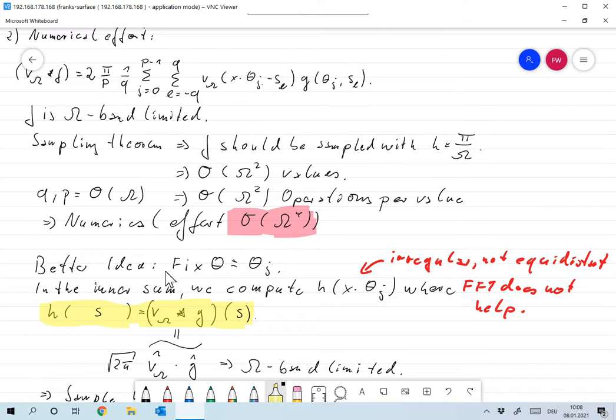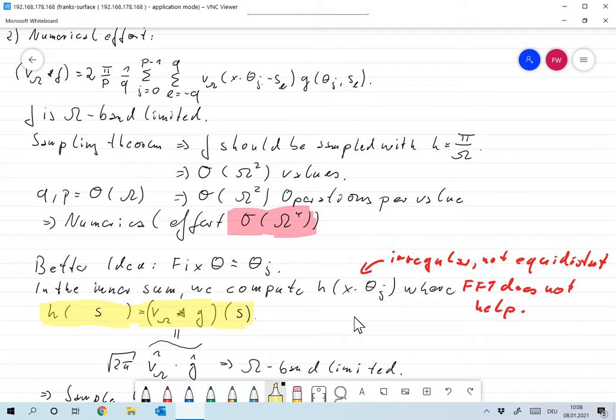So this is nothing but the convolution of V omega and g evaluated at x times theta j. Now define h of s as V omega convolved with g at s. So then what we're trying to compute is h of x times theta j for each x at which we want to compute the approximation.